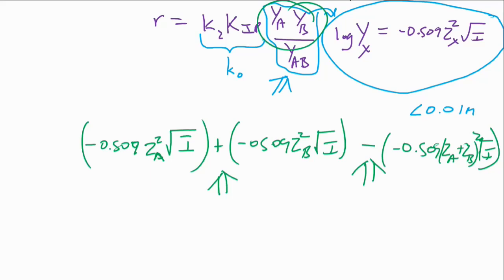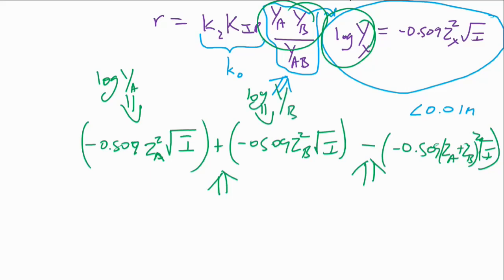In log, multiplication is the same thing as sum. Where did the log come from? Here it is. All right. So this expression right here is actually the log of the activity coefficient of ion A, whereas this one over here is really the log of the activity coefficient of ion B. This one down here is actually the log of the activity coefficient of the ion pair AB.